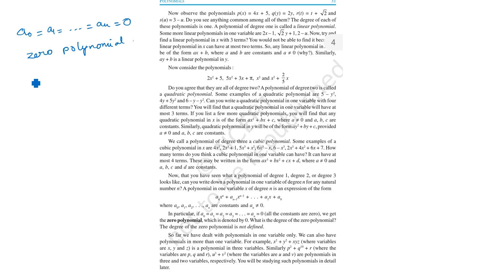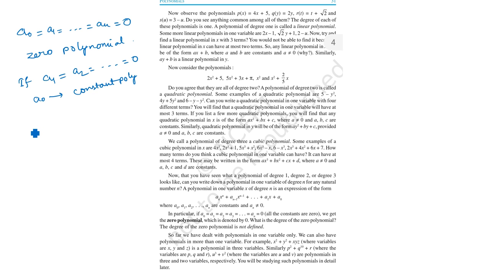If all the terms a1, a2 and so on are 0, but a0 we don't know, a0 may be some constant, then this polynomial a0 is called a constant polynomial.